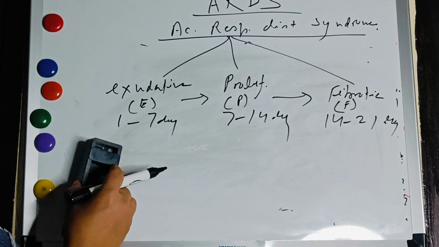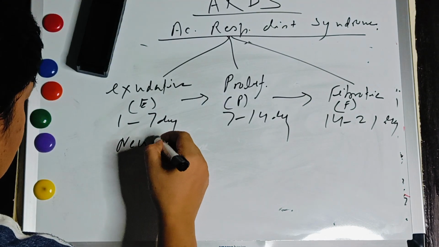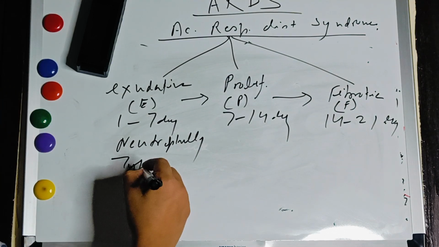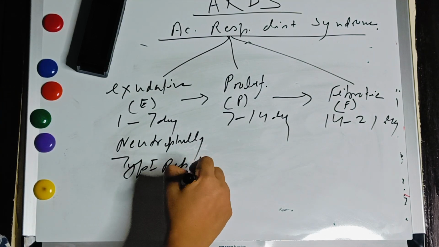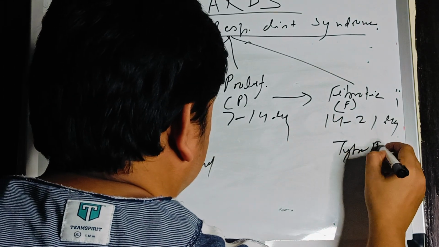What is exudative phase? Exudative phase mainly involves neutrophils. It is primarily type 1 respiratory failure. The fibrotic phase is a type 2 respiratory failure.